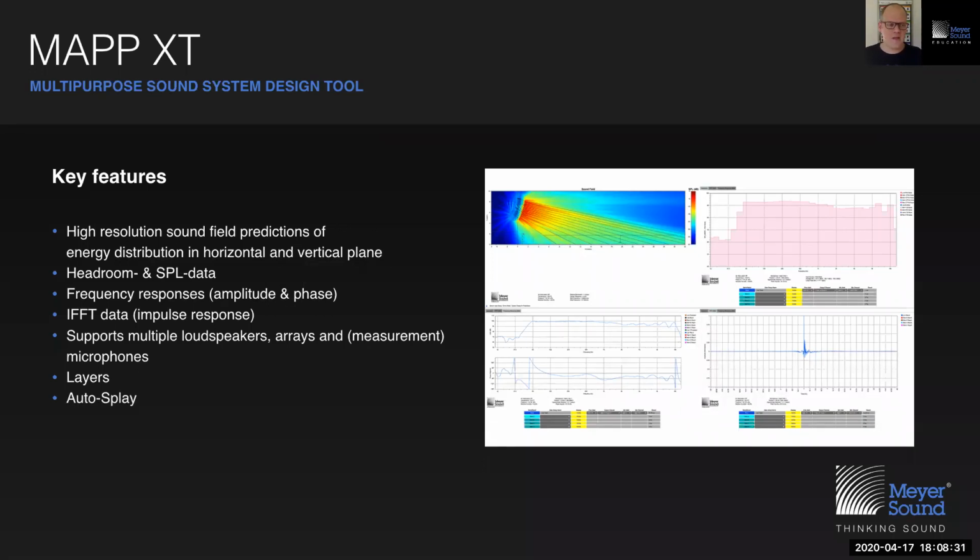There's an auto-display design assist that we covered in a previous webinar, and we can import computer-aided drawings, which was also discussed in a previous webinar. And finally, we have all the processing available in our sound system design tool that one would expect from real Galaxy devices, such as delay integration, LMBC, U-shaping, and so forth.